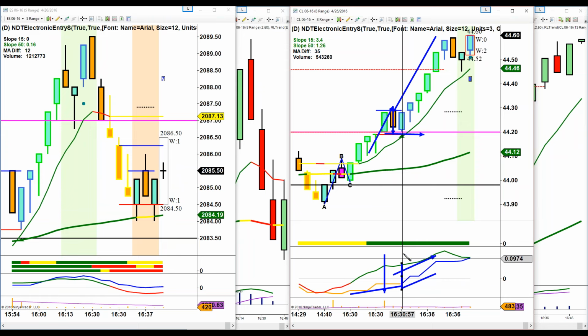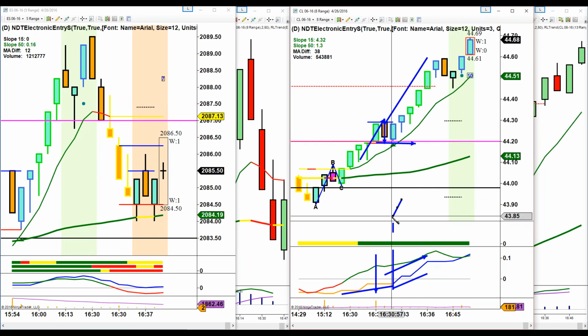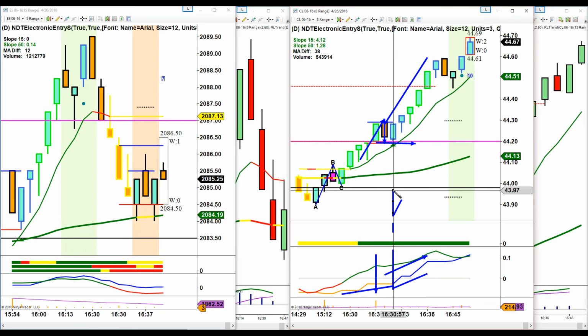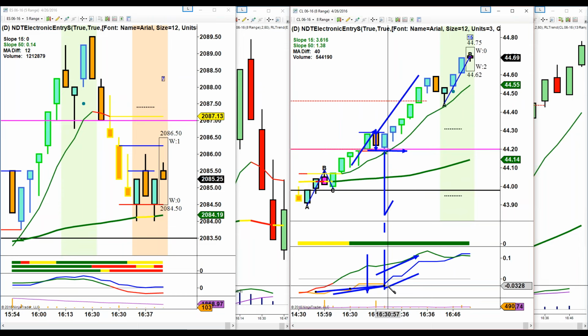Here's the crossover right here. And you can see, it crosses over right on the, now on this candle, it does not cross over. It doesn't cross over until we get to this candle. And it's still to the downside the whole time here.